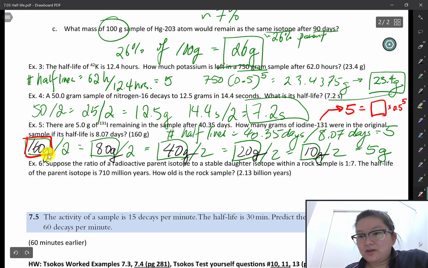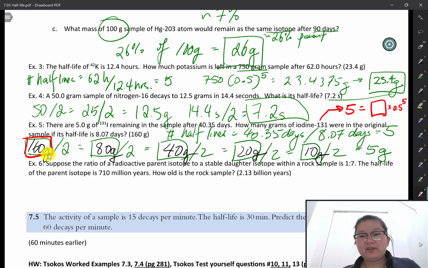So to figure that out, you divide 5 by 0.5 to the power of 5. If you put that in your calculator, you're actually going to get 160 grams. So that is another way you can do that, writing out an algebraic statement.